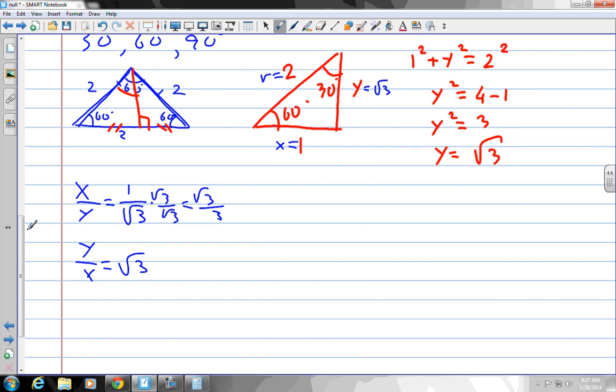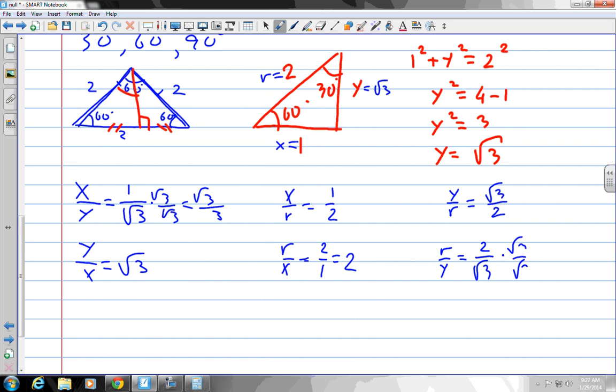So we can do the rest of them. X over r is 1 over 2, so that's 1/2. R over x is 2 over 1, so that's 2. Y over r is square root of 3 over 2. And r over y is 2 over the square root of 3. So still I need to rationalize that. Gives me 2 square roots of 3 over 3.